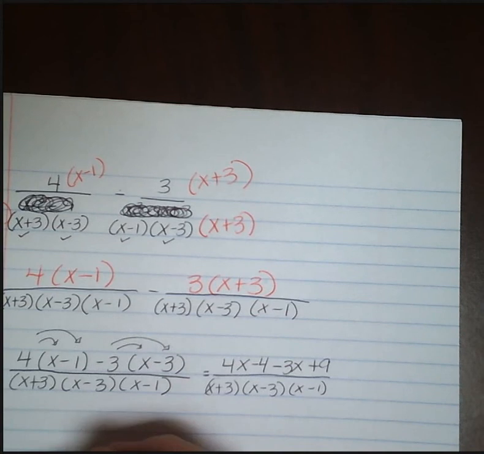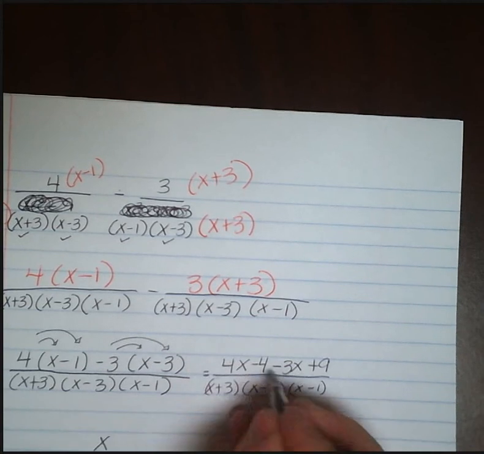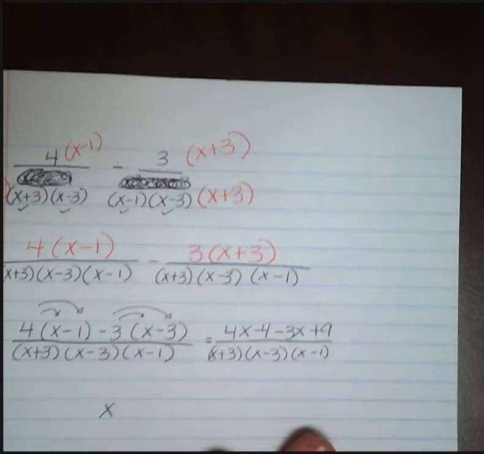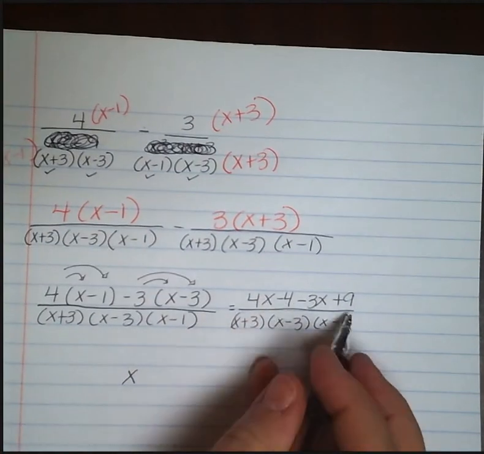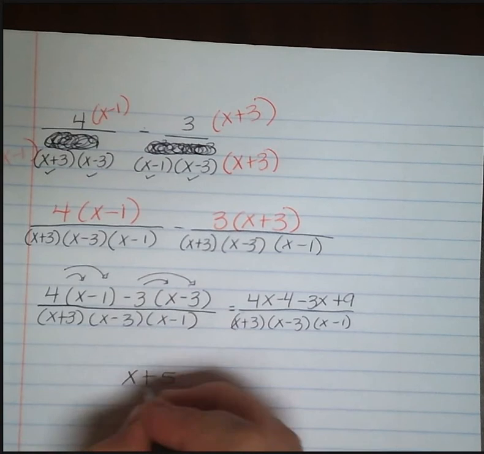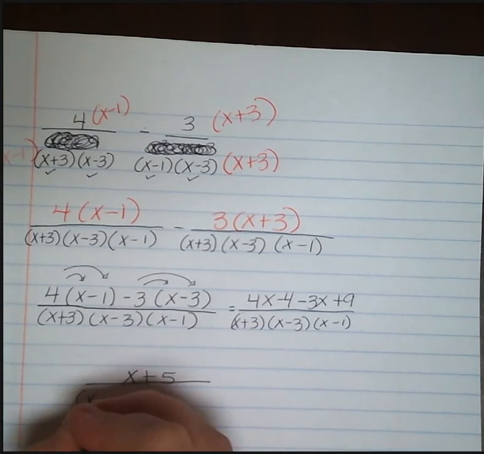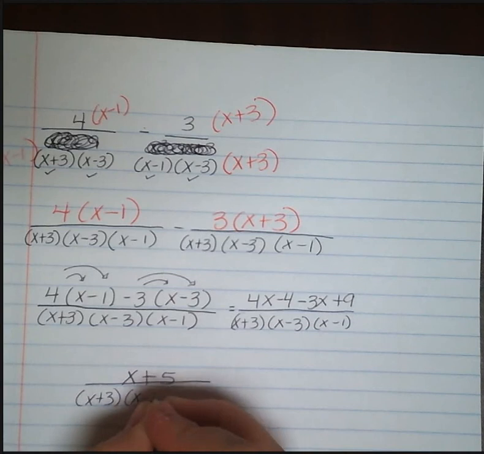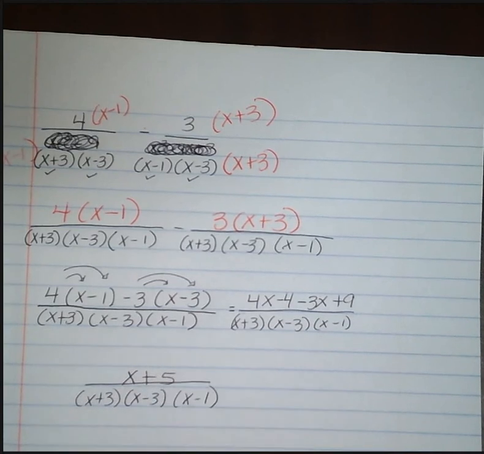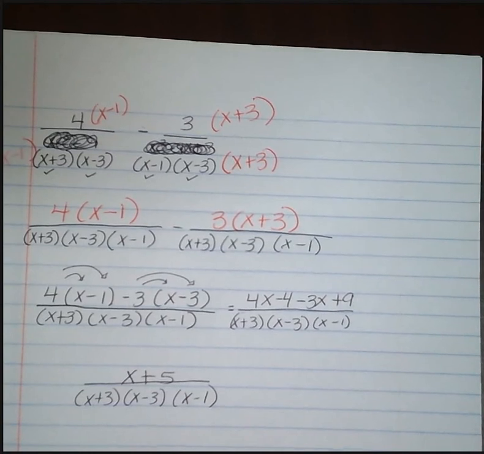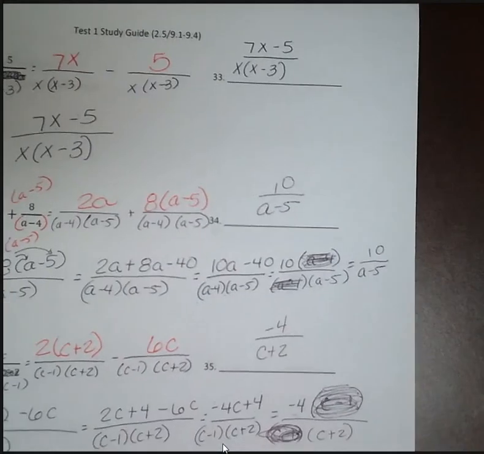Gives us x, because 4x minus 3x is x, and the negative 4 plus 9 is a positive 5 over x plus 3, x minus 3, x minus 1. That is our final answer because nothing will simplify. So that was not as scary as it looked.